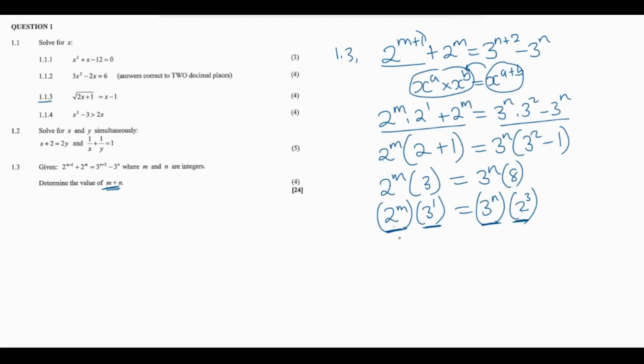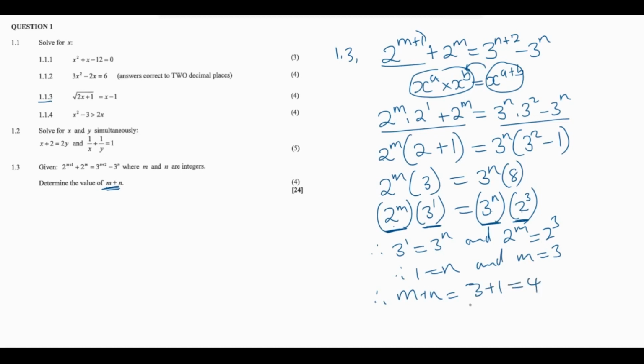Therefore 1 is equal to n, and m is equal to 3. Therefore, m plus n is equal to 3 plus 1, which is equal to 4.